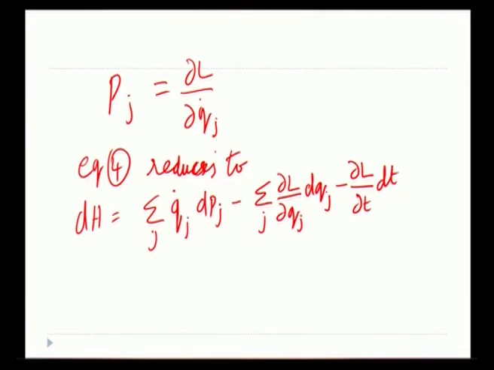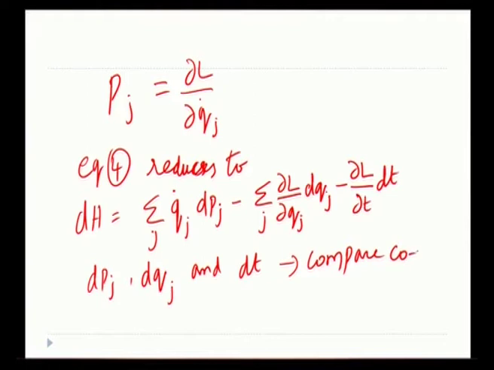This is how equation 4 reduces after substituting Pj is equal to dou L by dou Q dot j. Keep this as equation 5. Now compare the coefficients of dPj, dQj and dt from equations 3 and 5.